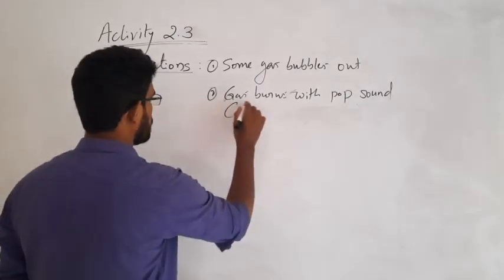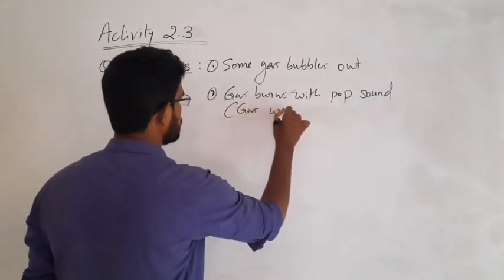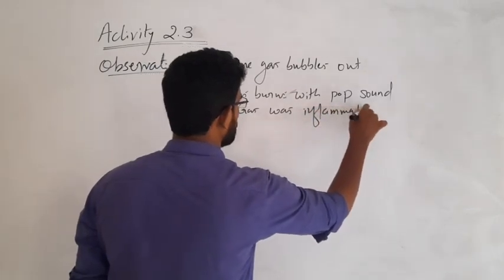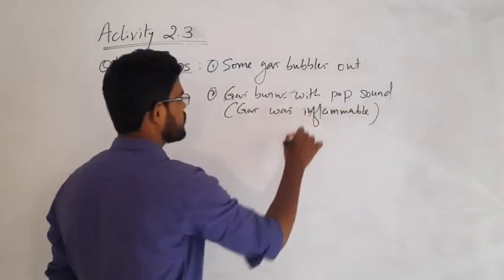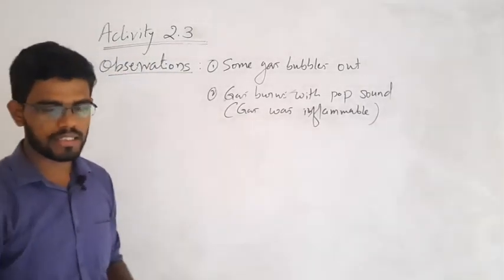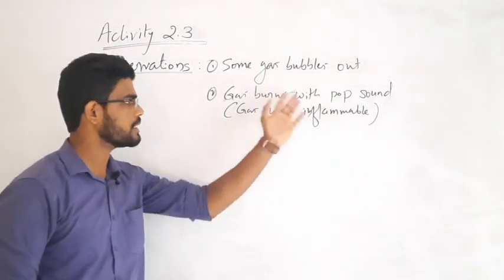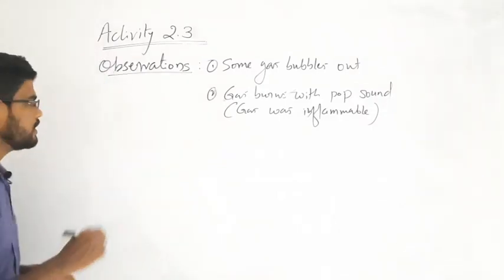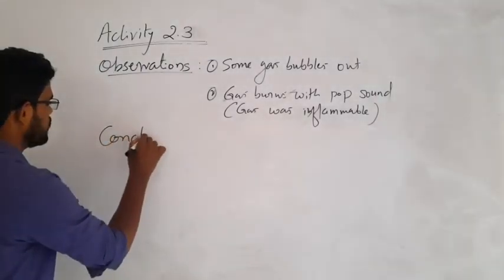Or I may call that the gas was inflammable, right? That was a gas that can burn, right? So that gas was burning with a pop sound, that we have observed, right? Now we need to conclude this experiment. So let's go to the conclusion part.